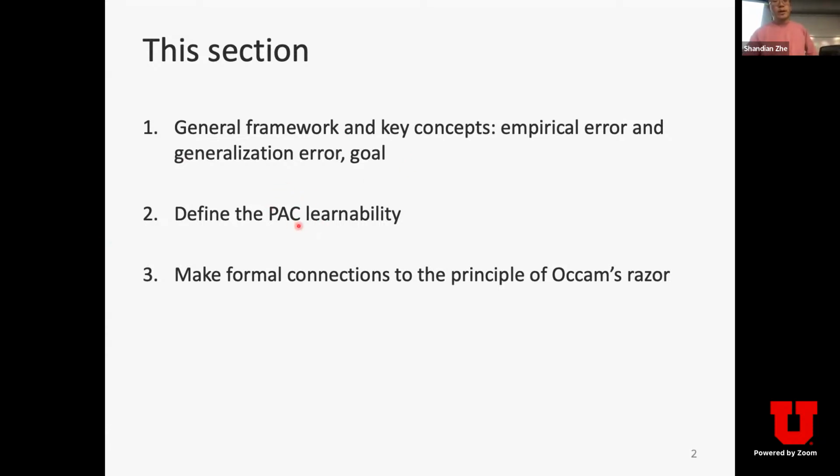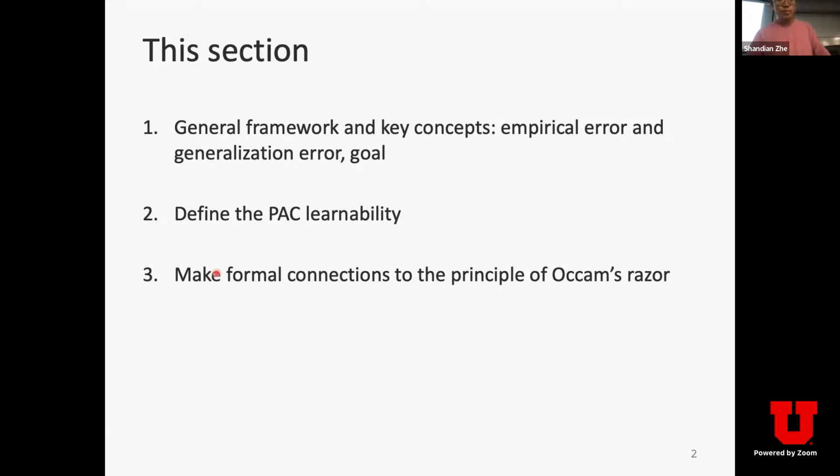Then we'll introduce a fundamental concept in computational learning theory called PAC learnability, probably approximately correct learnability. It's a lengthy definition, but the intuition is straightforward. It tries to give you a sense of what kinds of learning algorithms can be viewed as efficient or effective for learning, right? We're going to talk about data fitting, the generalization error, and the probability.